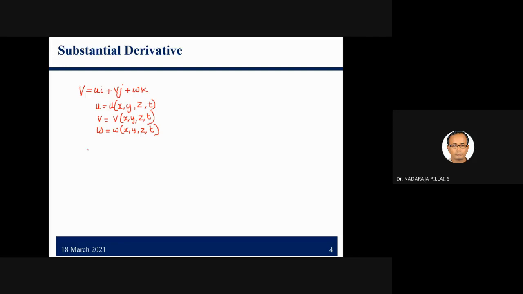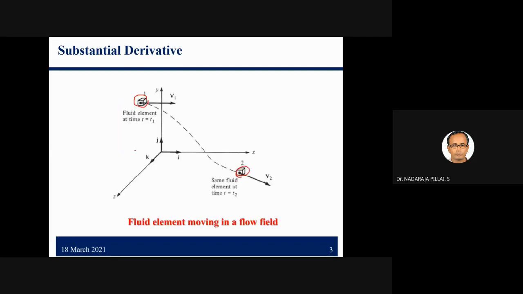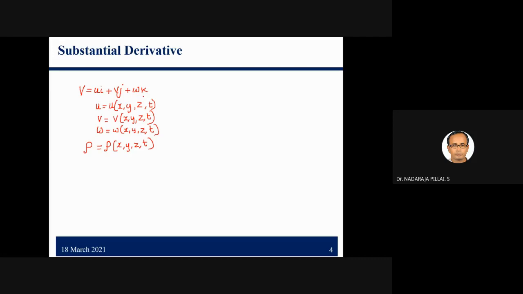Again, in addition, we can have the term density. It may not change for the incompressible flow, but it is necessary to consider the density as a function of x, y, z with respect to the time t. Now, let us consider the density field at point 1.